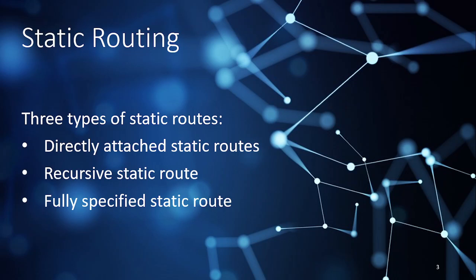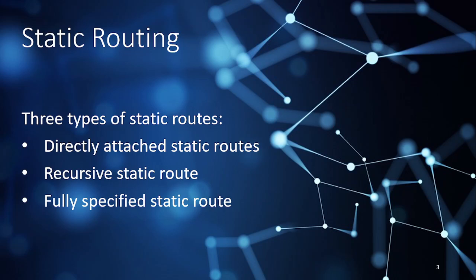Now, there are three types of static routes: directly attached static routes, recursive static routes, and fully specified static routes. Since we are doing CCNA, I will only give a brief description of how they work. In a directly attached static route, instead of putting the next hop IP, we put in the next hop interface ID.